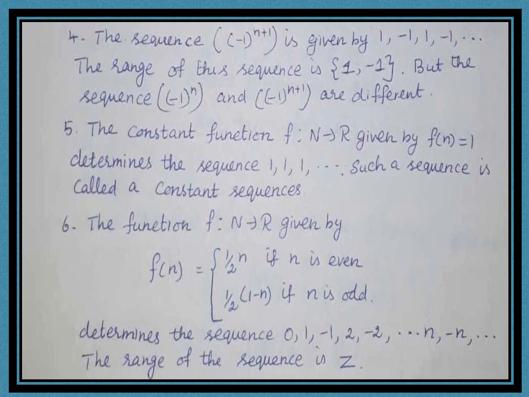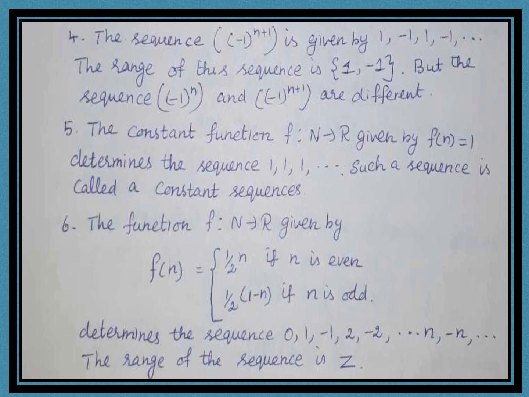But note that the sequences minus 1 power n and minus 1 power n plus 1 are different. How? When we put n equal to 1, the sequence minus 1 power n has the first term as minus 1. When we take n equal to 1 in minus 1 power n plus 1, we will have minus 1 power 2 equal to 1 as the first term.